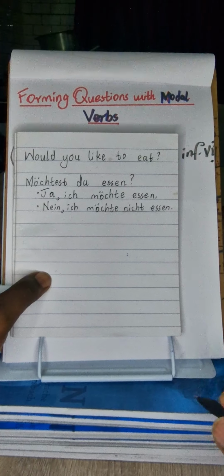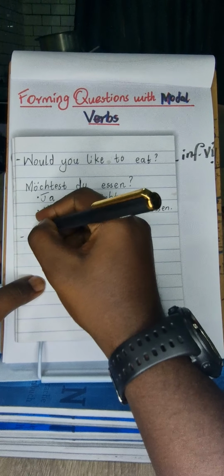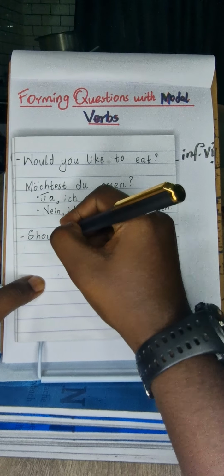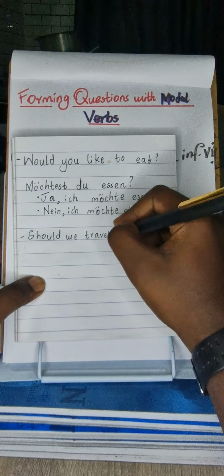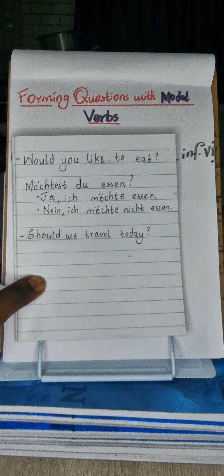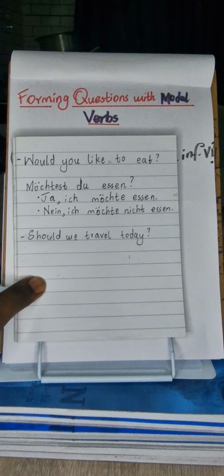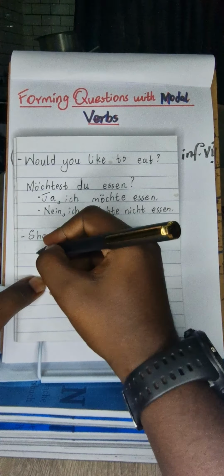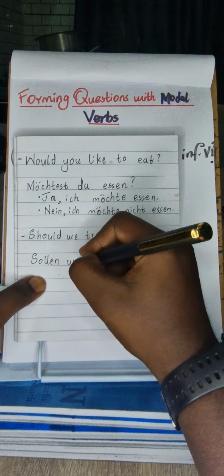Now let's use should. You want to ask somebody, should we travel today? First of all, remind yourself, what is should? From the list of modal verbs you've seen, should is sollen, right? So I would ask, sollen wir.